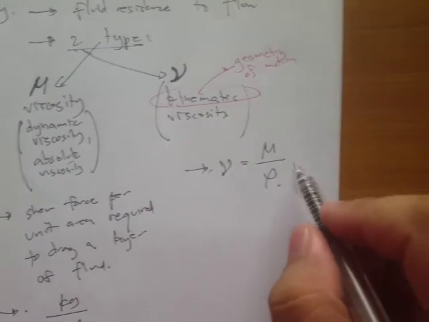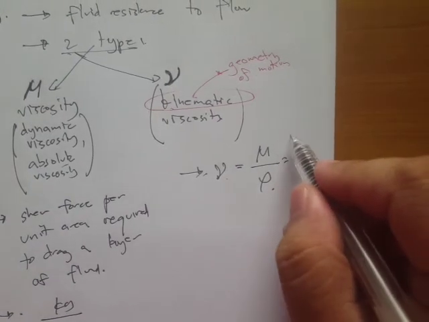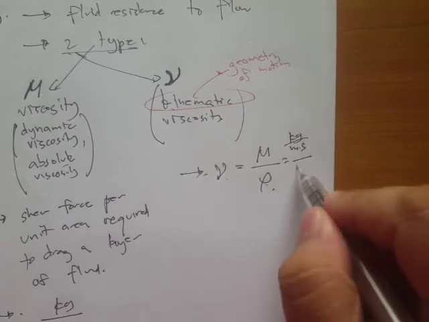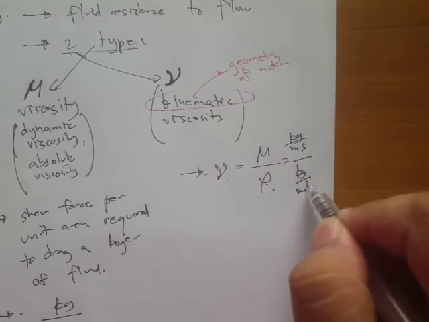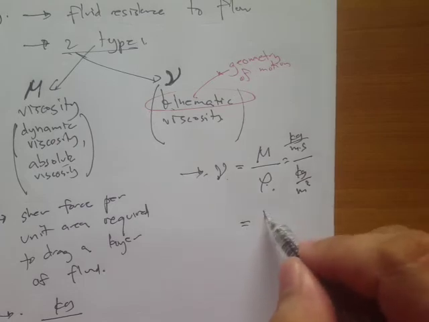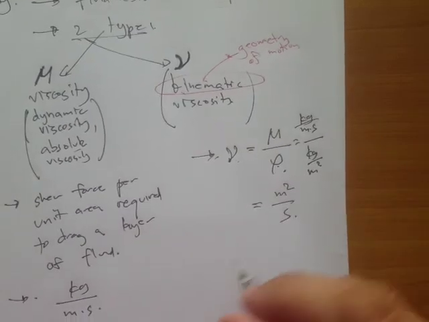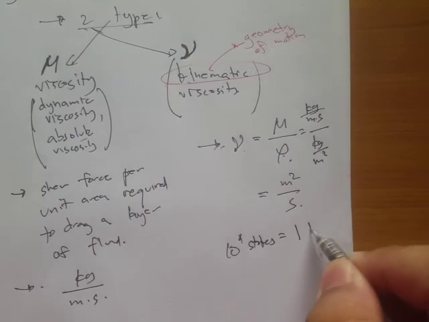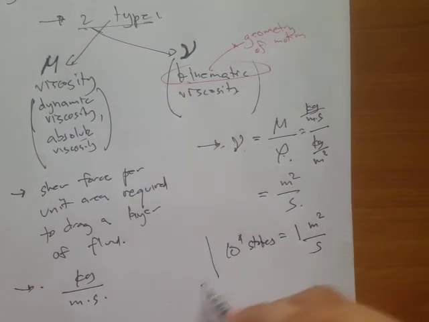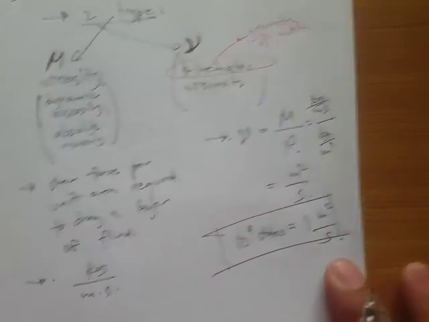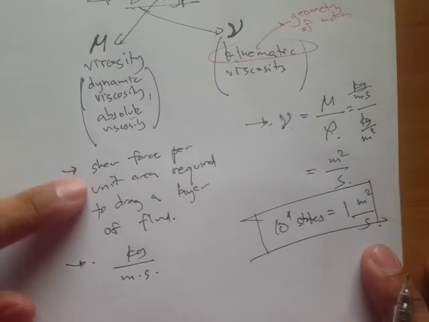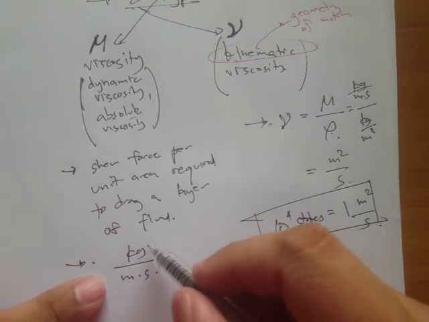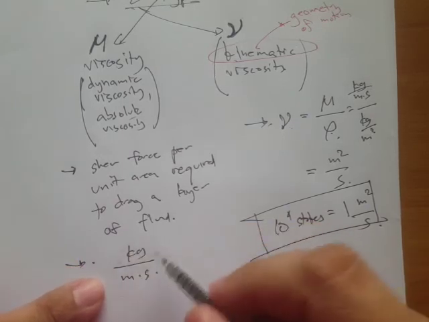And this one, if we have the unit of kilogram per meter second, and this one is kilogram per meter cube, the unit would be meters squared per second, or other units such as Stokes. Okay, so you might question if this is a shear force, then how come there's no unit of force here?